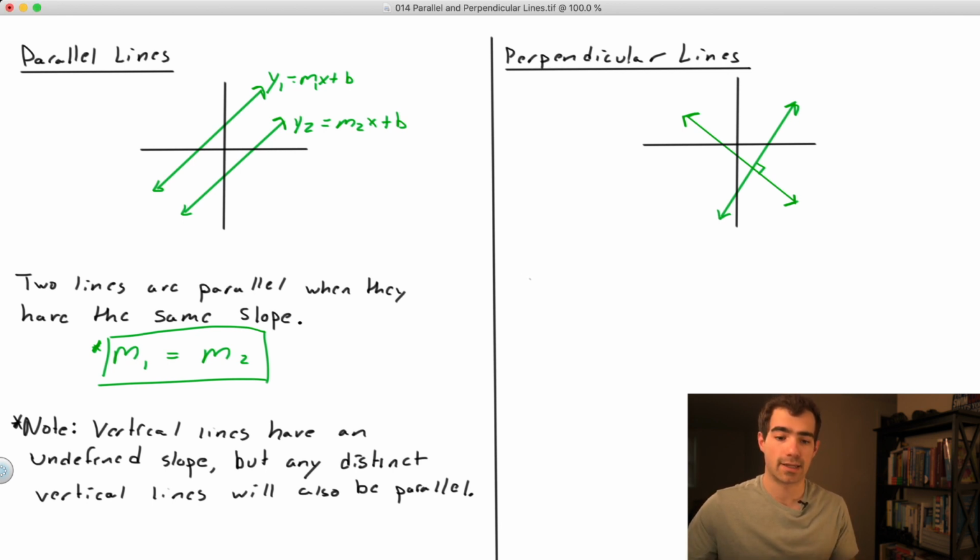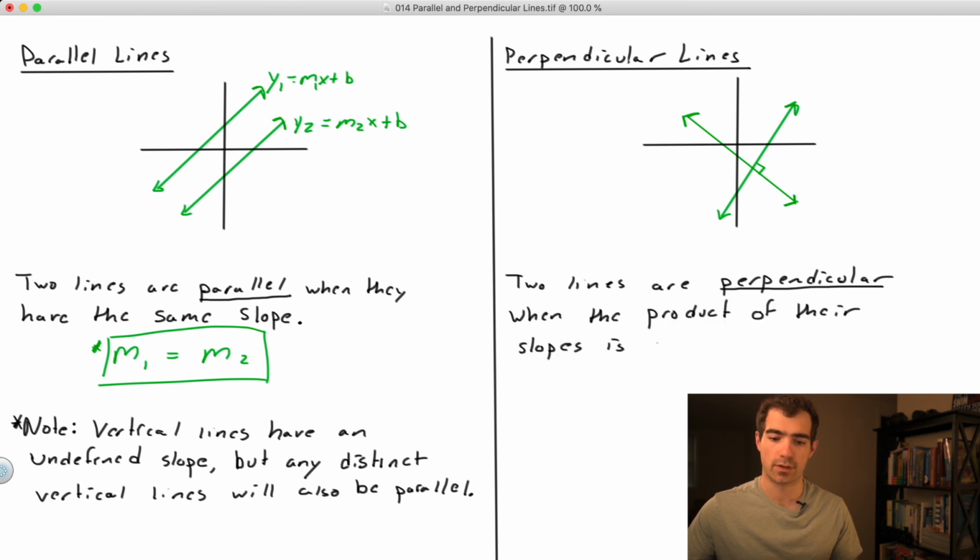But what we can say is that two lines are perpendicular when the product of their slopes is equal to -1.